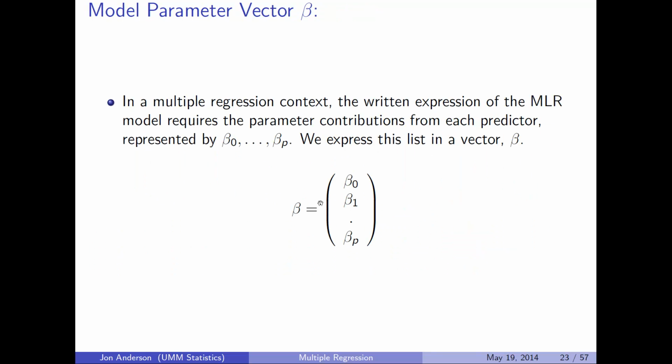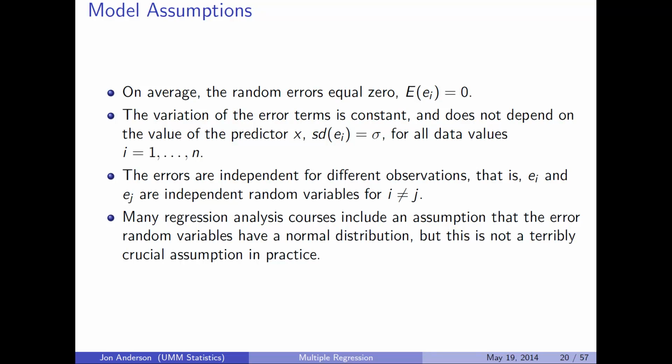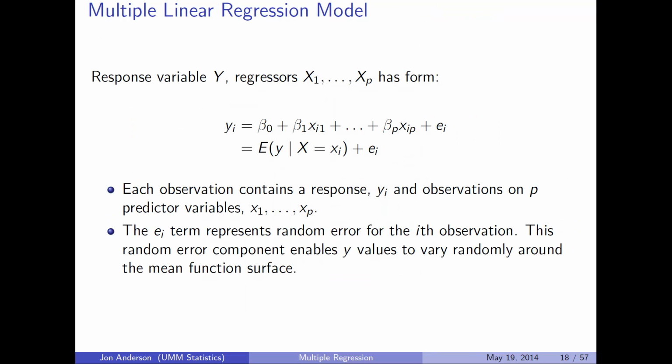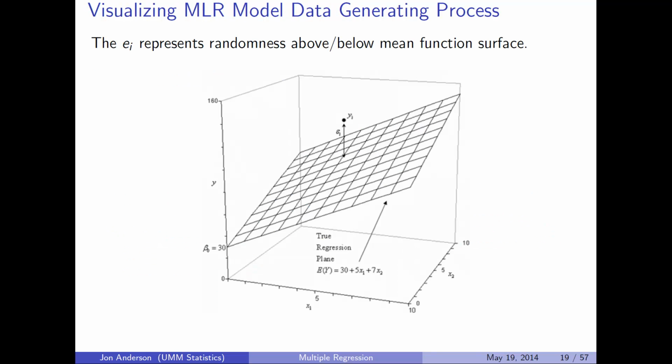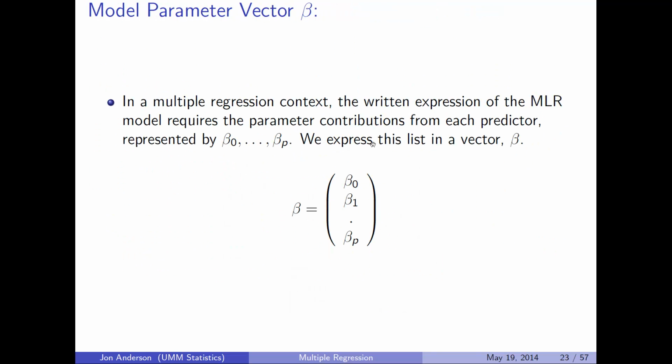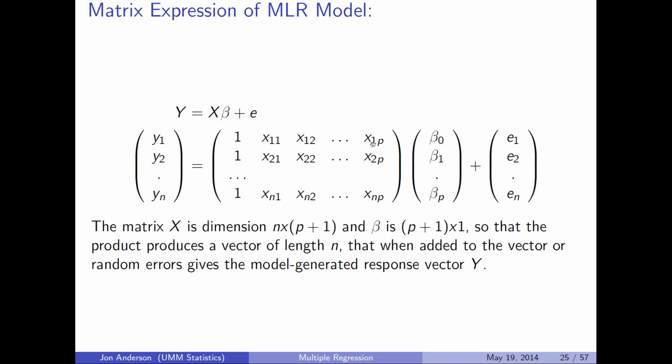And so this is just a matrix representation of what we had right here on overhead 18. A Y observation is a linear combination of the betas multiplied by the associated x's plus some random error. Well, how can we write that more compactly with everything all at once? You can do it using this notation in overhead 25.